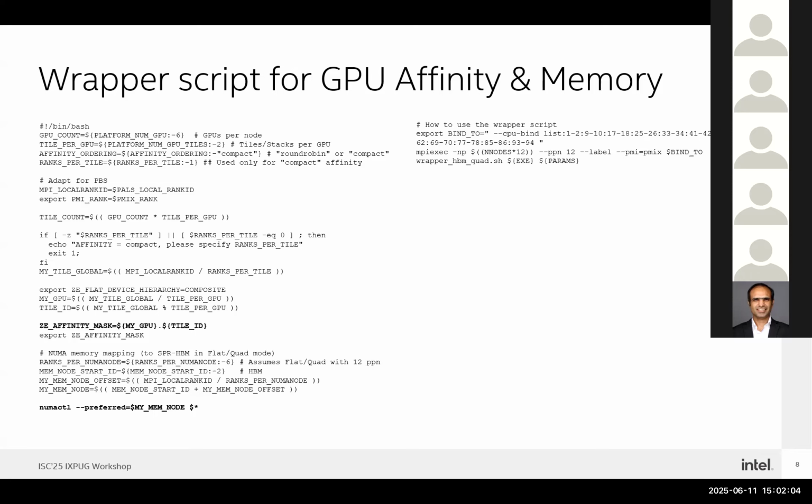And here we prefer, and we use, let's say, HBM. And if it runs out of space on HBM, then spill over to DDR. But you can say that I really want it to come from HBM, and if you run out of memory in HBM, then the application will not run, it will crash. Then there's an option to do that, to force it.